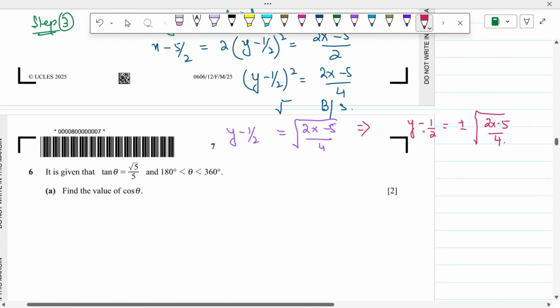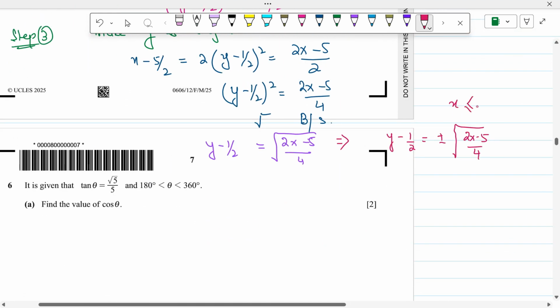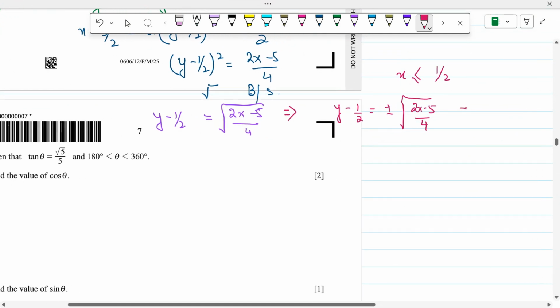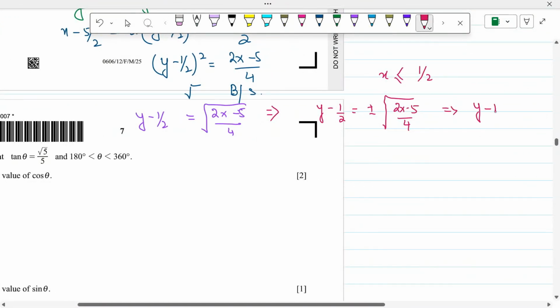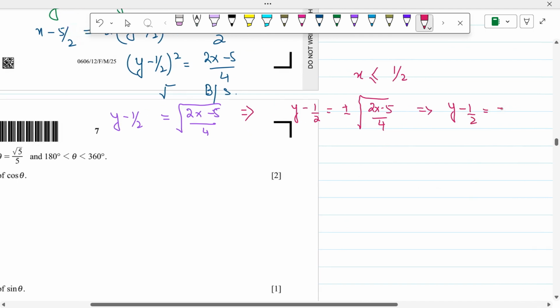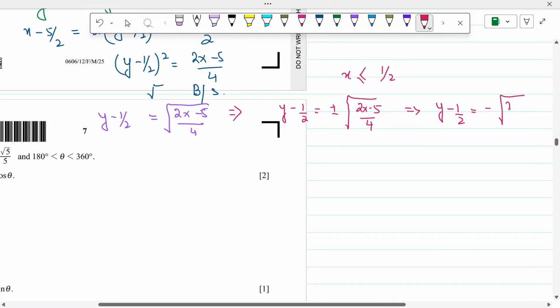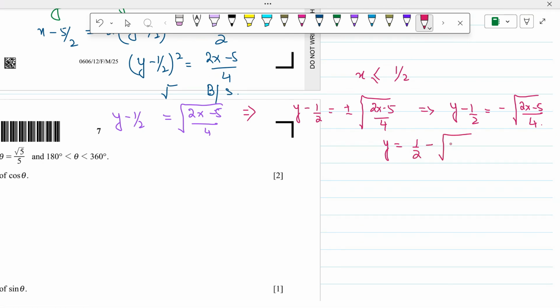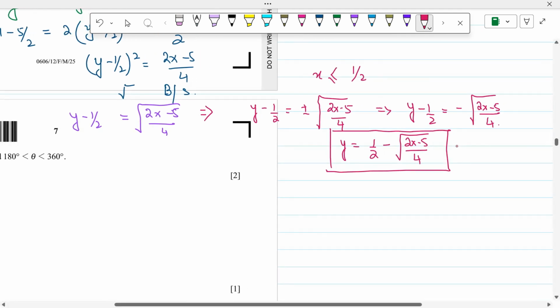You can see that x is less than or equal to half, so we will consider the negative value of the square root. So y minus half is equal to negative square root of (2x minus 5) over 4, and this gives y equal to half minus the square root of (2x minus 5) over 4. So this one is the required inverse function of f of x.